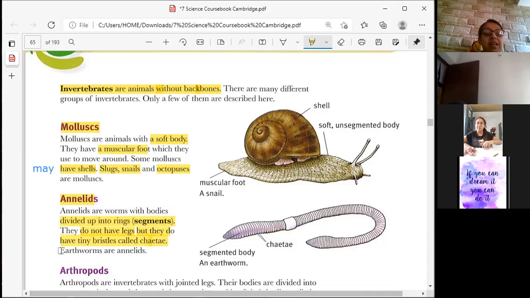And in example, you will write earthworm. So 3 points. One, divided up into ring segments. Second, do not have legs but have tiny bristles called chaete. And the third point will be your example, earthworm.